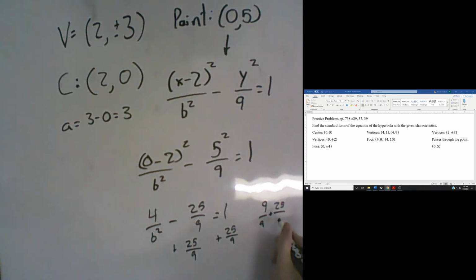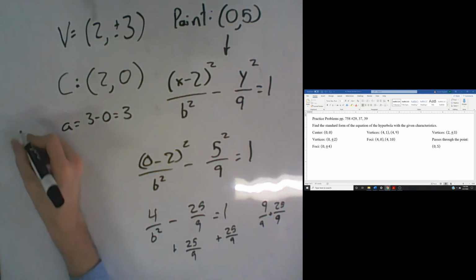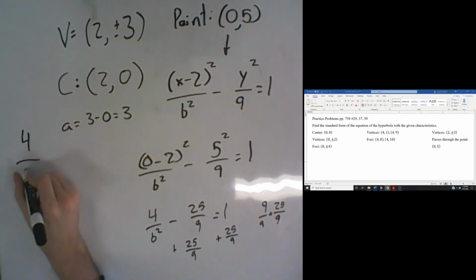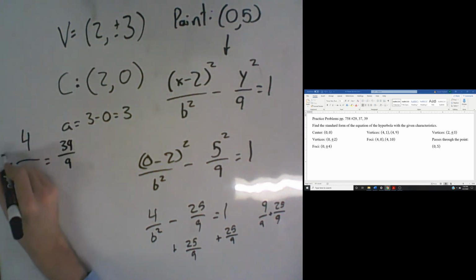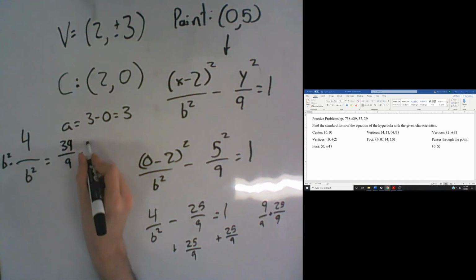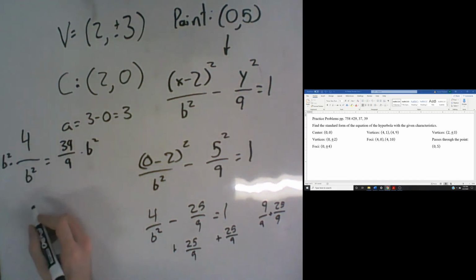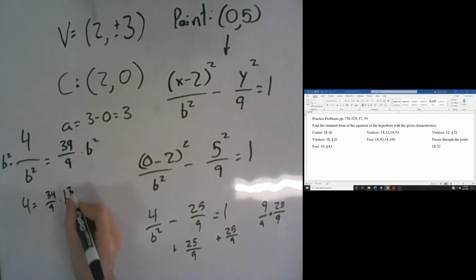And I get 4 over b squared equals 34 over 9. Multiply b squared by both sides. And then I'm going to get 4 equals 34 over 9 b squared.